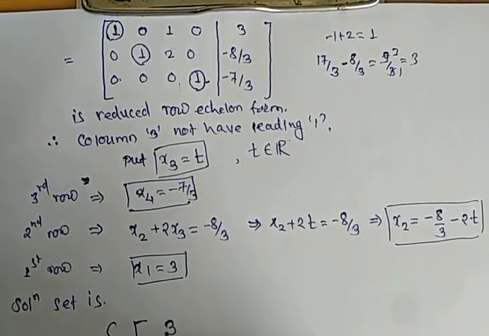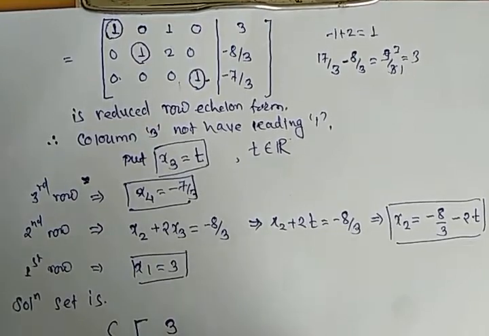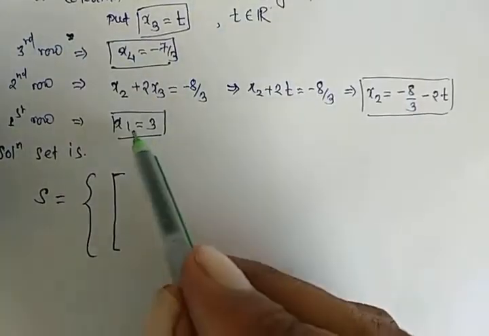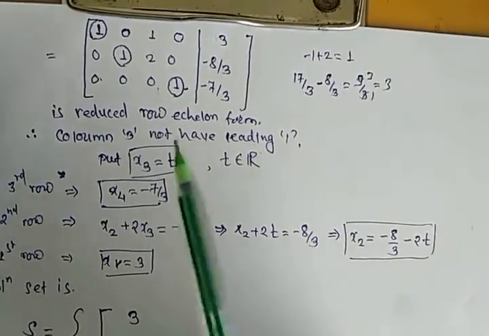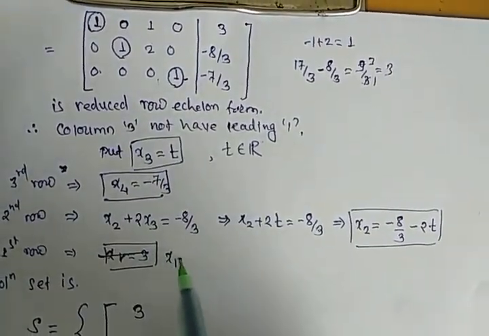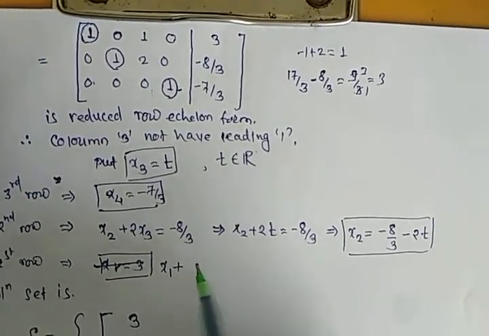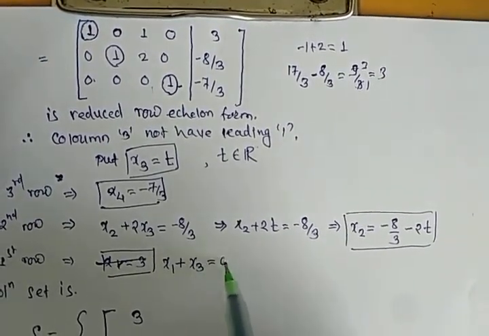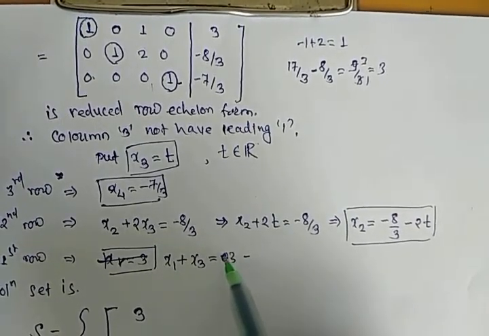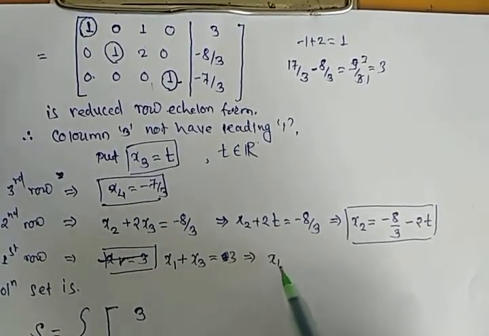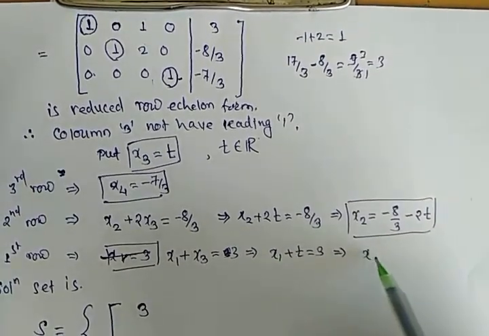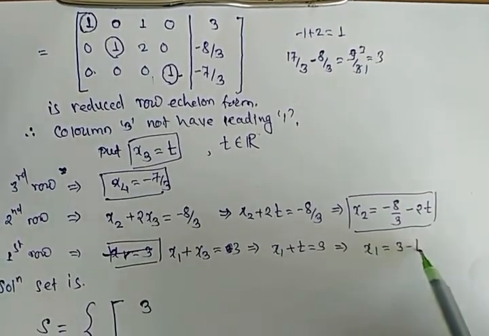In the first row, x1 plus x3 is equal to 3, and x3 is equal to t, which implies x1 plus t is equal to 3, which gives x1 is equal to 3 minus t.